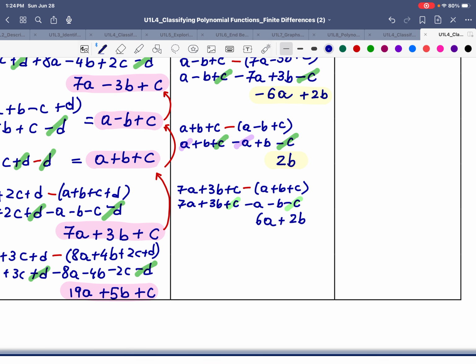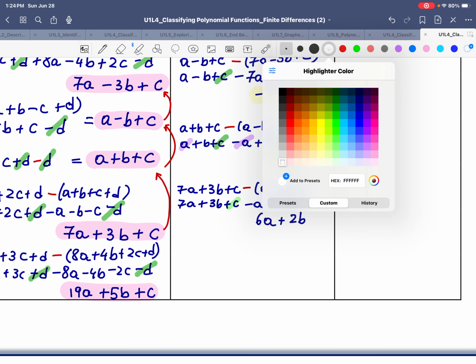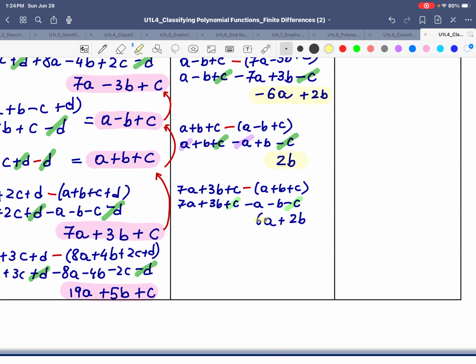Now, you probably notice the pattern starting to appear in here, and this will be our last second difference that we have to find. And we see that we have 19a plus 5b plus c, subtract 7a plus 3b plus c.